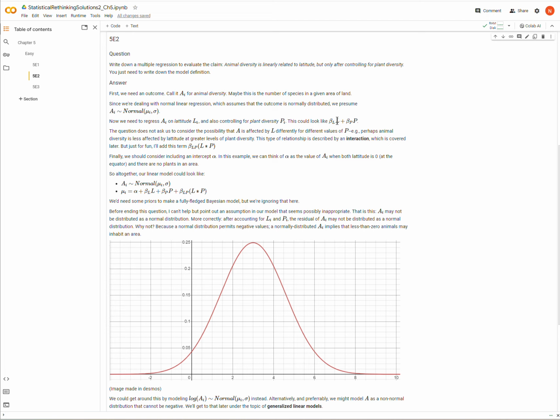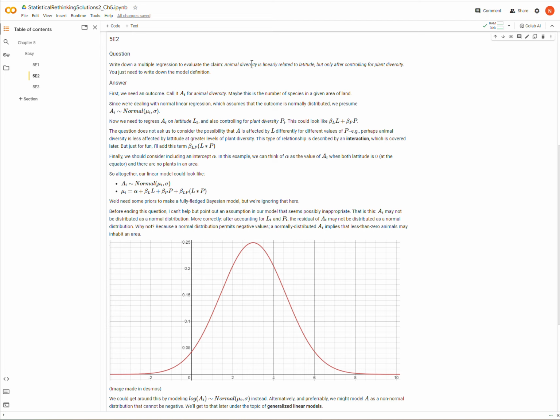We have our explanatory variables L and P and their coefficients, beta L, beta P, okay? Now, notice that this formulation, and this is just the case with regression, would also help us to evaluate a different claim up here. So instead of saying animal diversity is linearly related to latitude, but only after controlling for plant diversity, we could actually flip that, right?